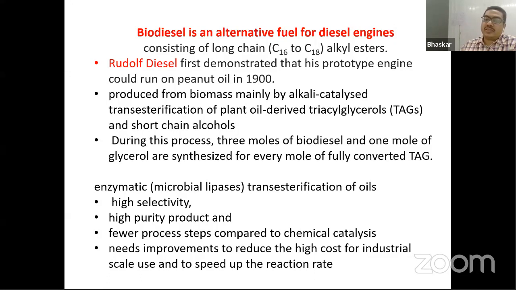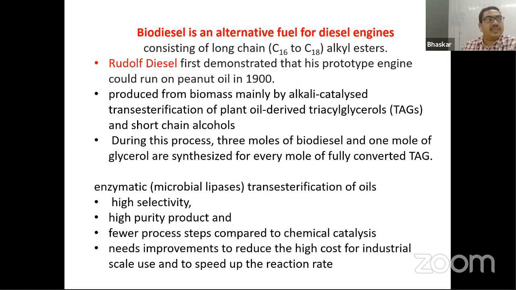The process requires a catalyst for a fast reaction, because otherwise it will take a very long time. The catalyst can be homogeneous or heterogeneous. Homogeneous are very fast, but heterogeneous has the advantage of reusability.